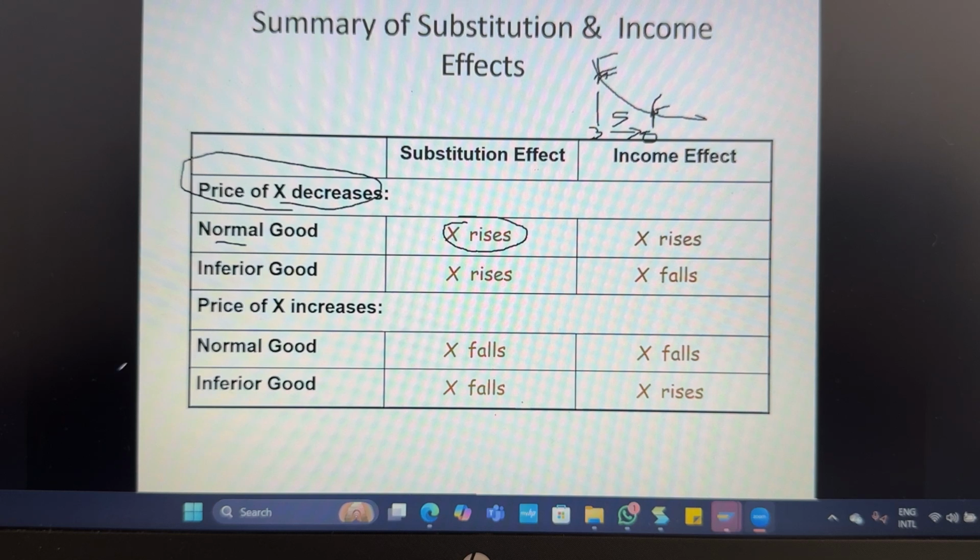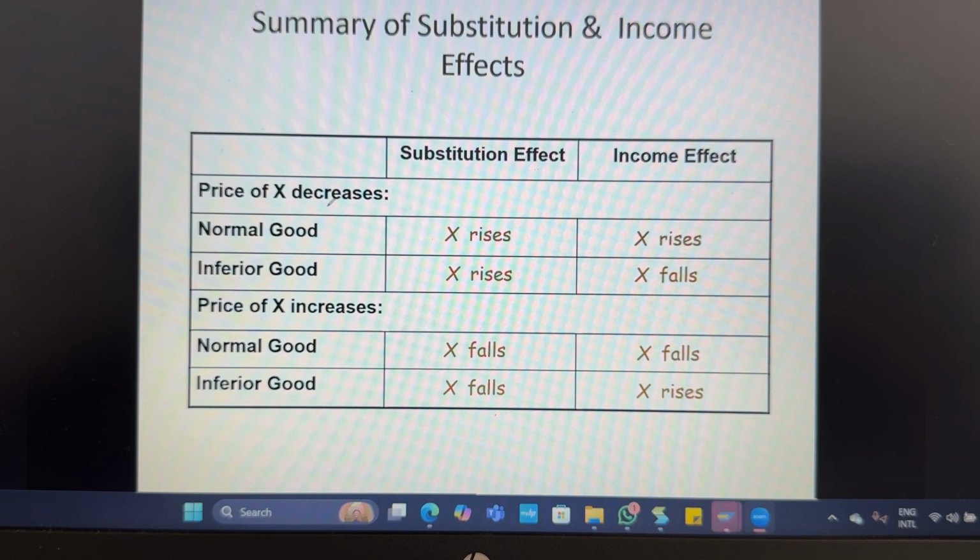So you should be able to understand this one. If the price of X decreases and the commodity is normal, what can you say about the substitution effect? As a result, X is increasing. And what will happen according to the income effect? X rises.